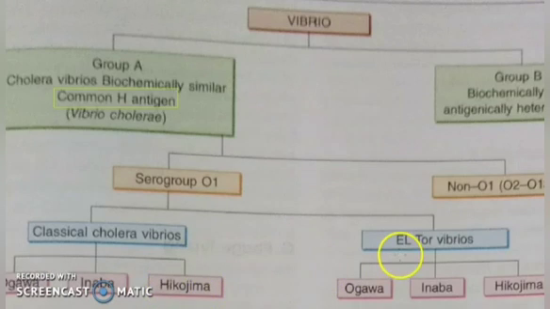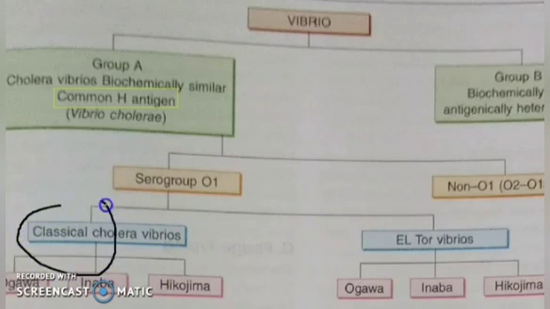Now, El Tor we told you will have VP positive and hemolysis, right? And classical will not have VP positive.